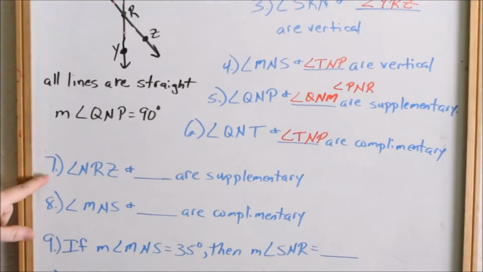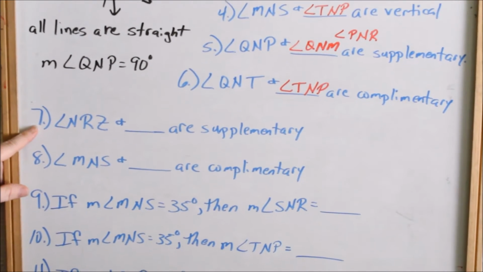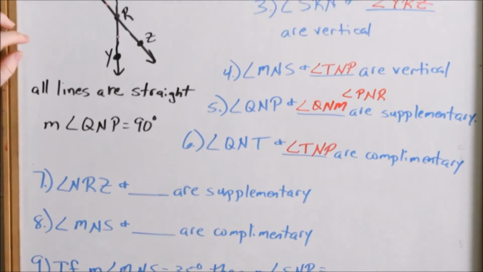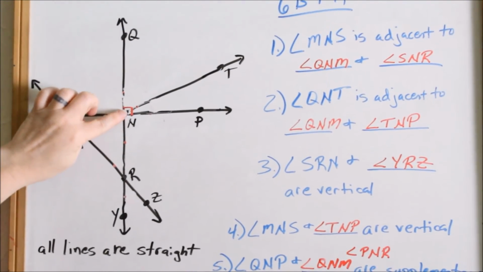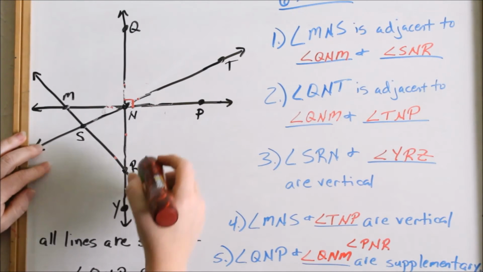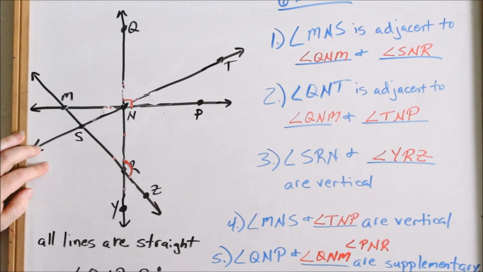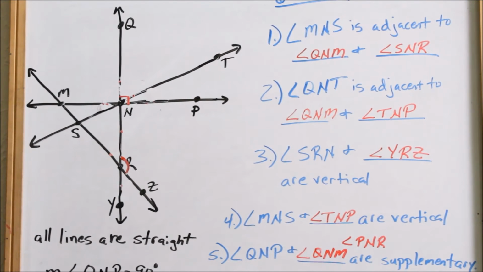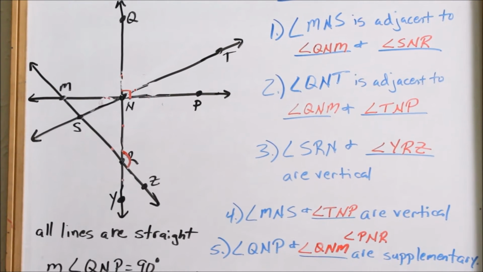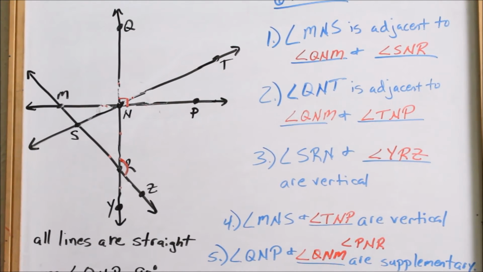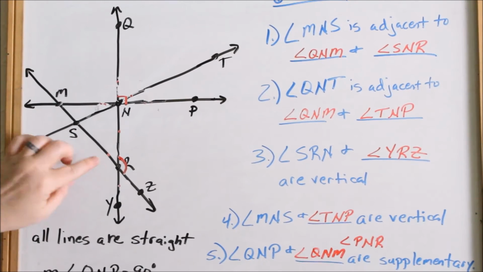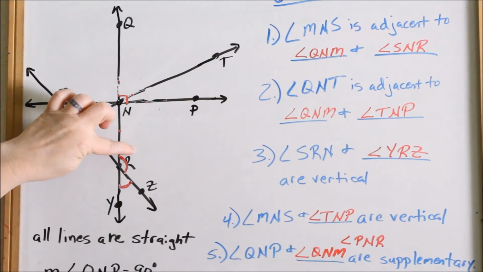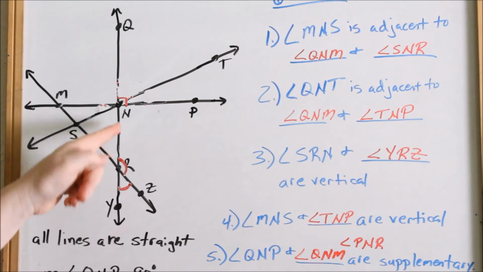Okay, let's go down to number 7. Angle NRZ, we want to know what is supplementary to that. So we have to come up here to NRZ. That is this big angle right there that I just marked. Supplementary angles add up to 180, so there are a couple of choices you can pick. If I add this big obtuse angle plus this little angle, they form a straight line.